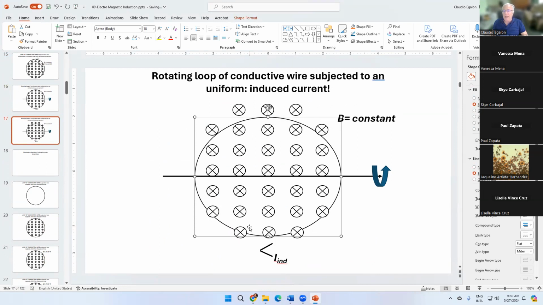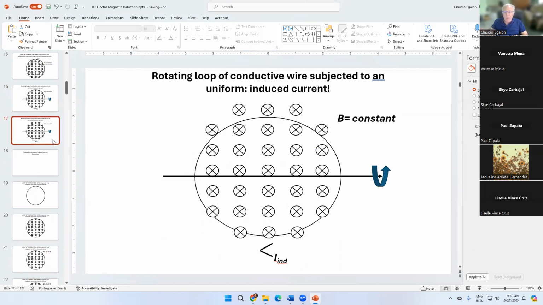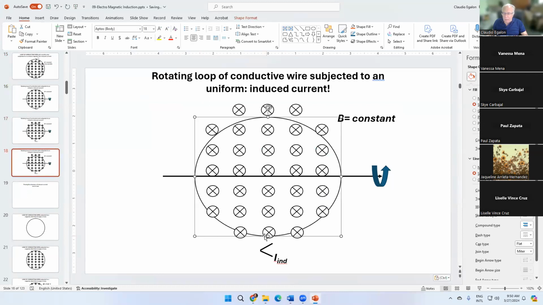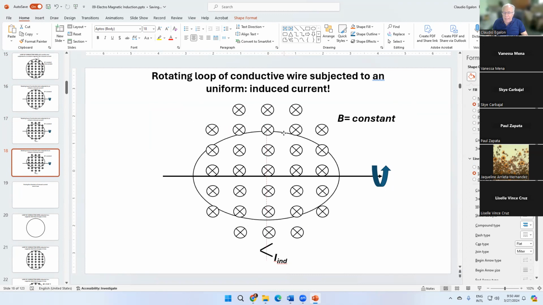It's rotating about this axis. That's an instant later. Another instant a little bit later. You know, the plane of the circuit is off the plane of the board here, right? A little bit later, the circuit is going to look like that, right? It's not that the circuit is deforming. No, the circuit is not deformed. The circuit is just rotating.